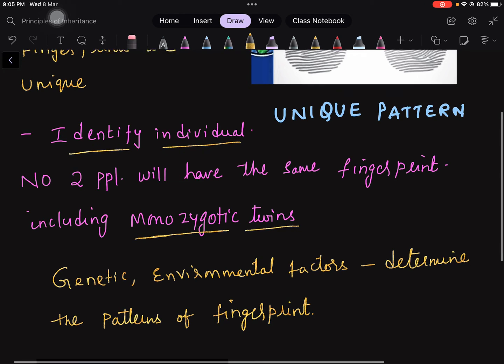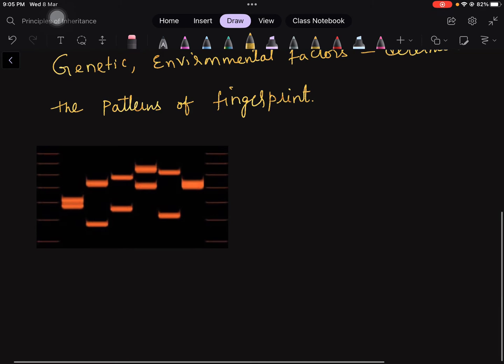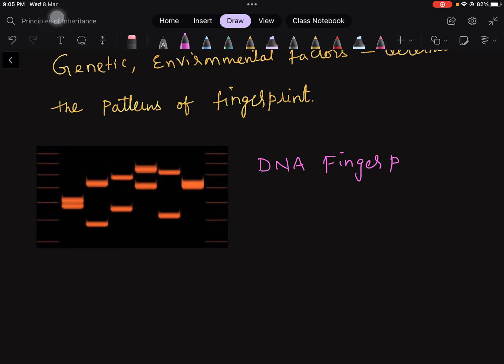Yes. Now, let us talk about the DNA fingerprint. What is this DNA fingerprint? The DNA fingerprint is also a unique pattern that helps us to identify an individual.